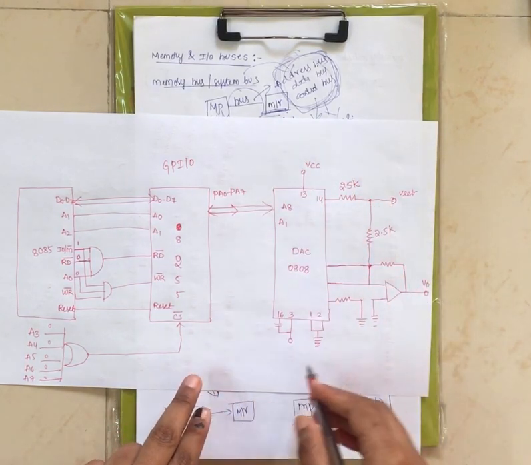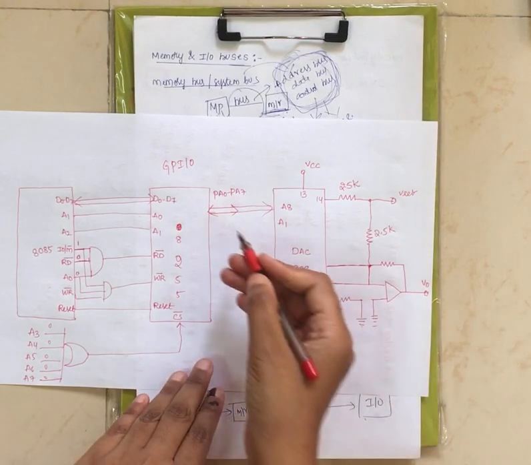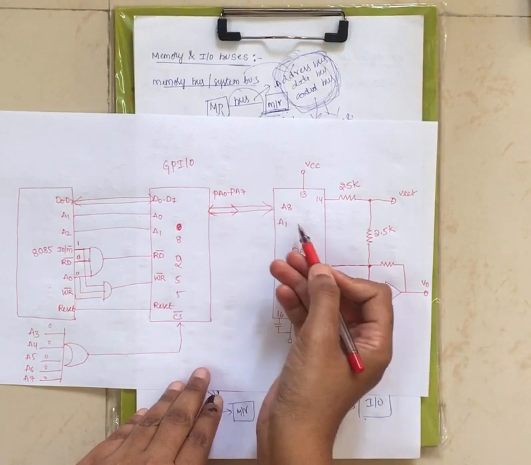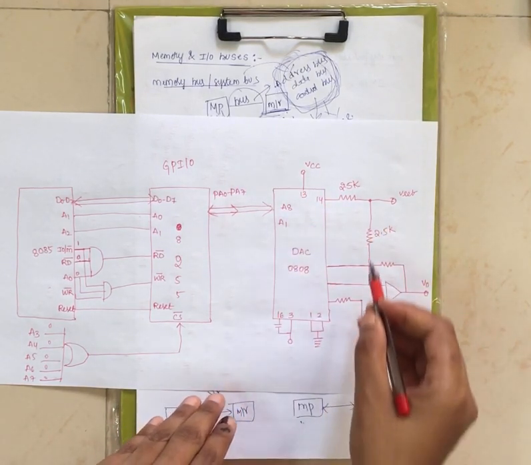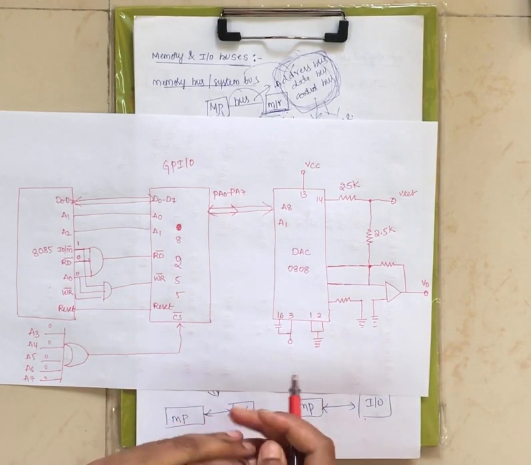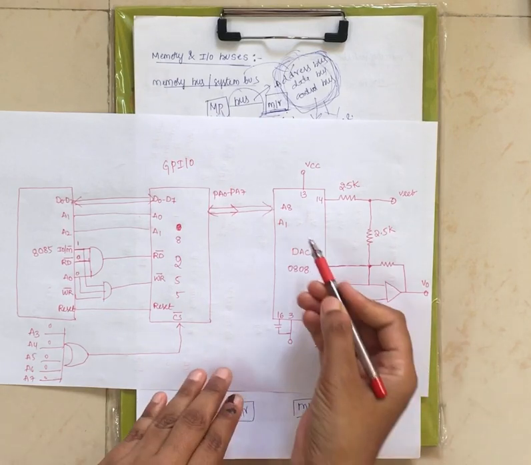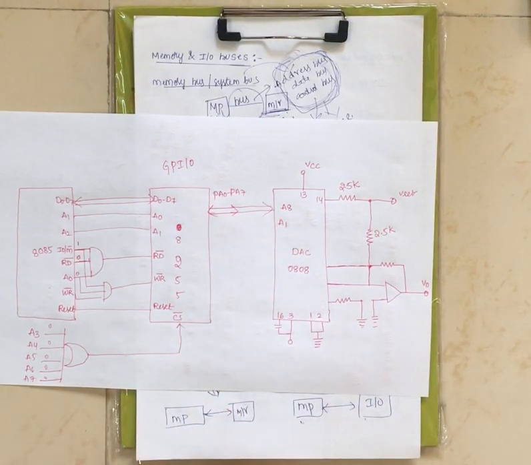In order to operate this DAC, you have to provide input. That input is provided through port A of 8255. The input pins of your DAC are A1 to A8, and you are providing input to the DAC using port A of 8255.